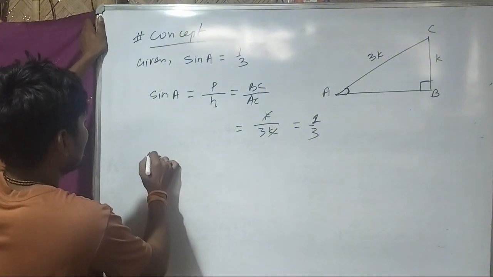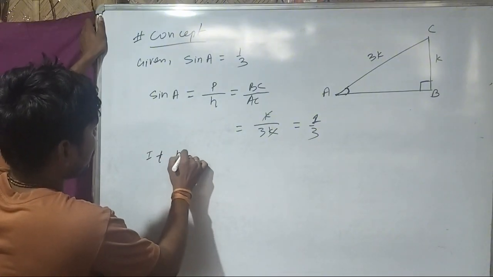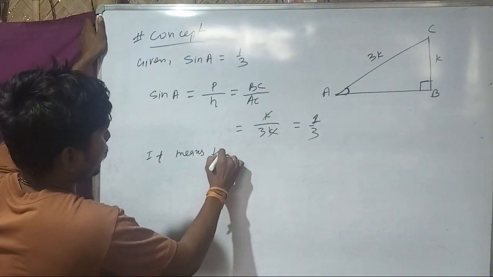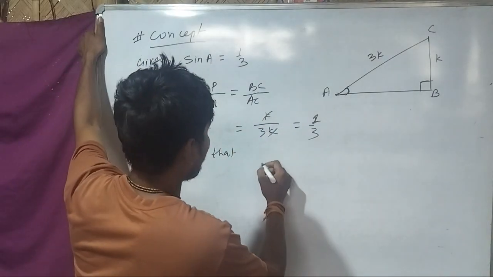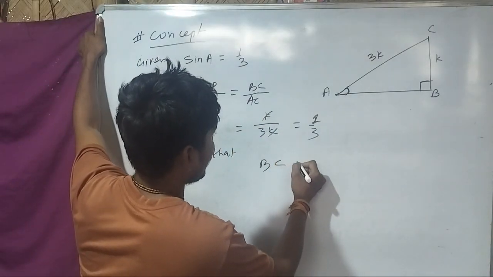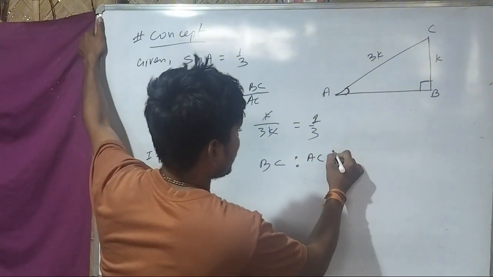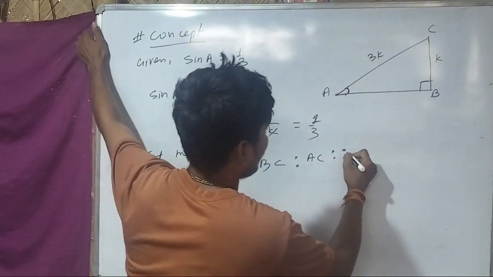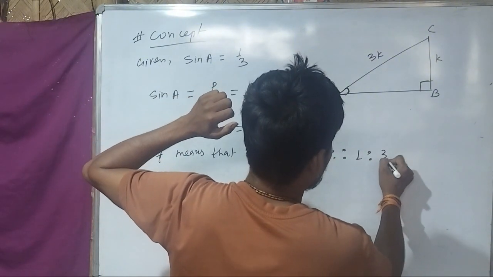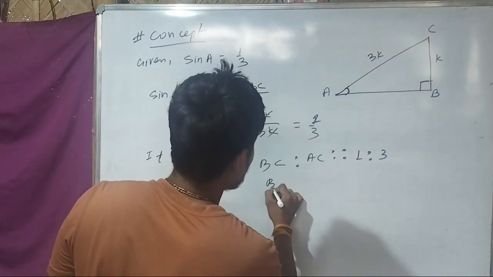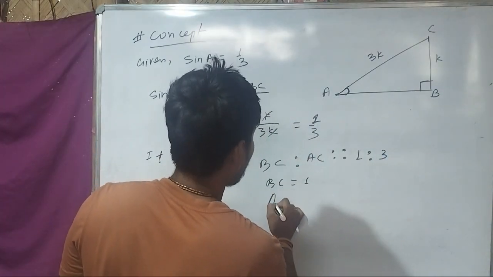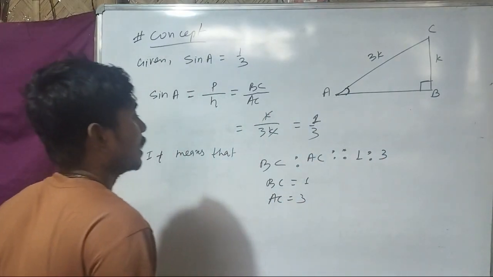It means that sin A means BC is to AC. It is 1 is to 3. It means the side BC equals 1 and the side AC equals 3. These are in the ratio.